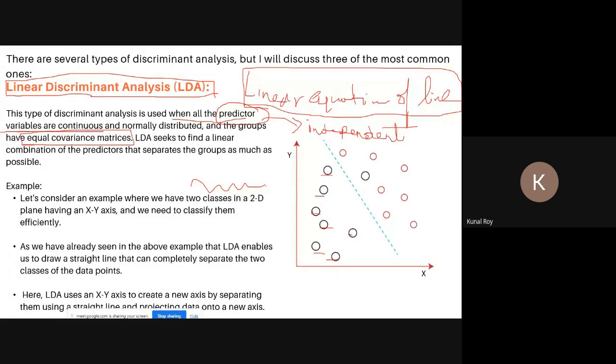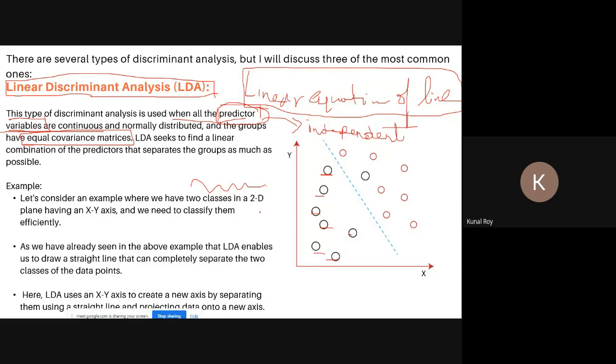These two terms are very important for linear discriminant analysis. So if we have predictor variables which are always continuous, and each variable has an equal covariance matrix, then this comes into the category of linear discriminant analysis.